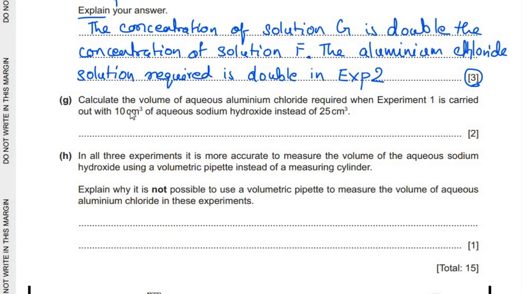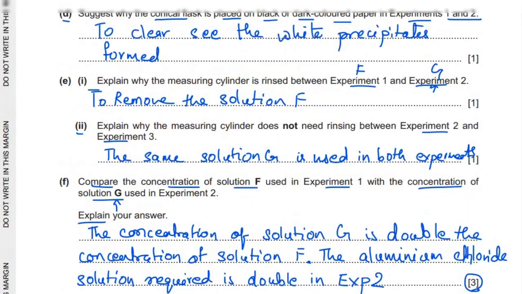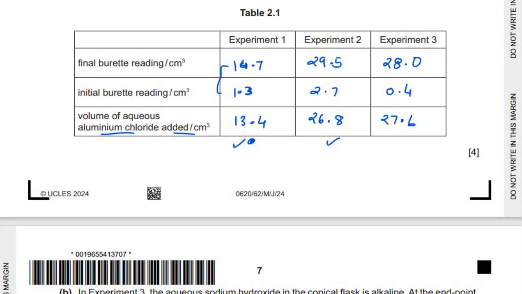Now the next question in G is: calculate the volume of aqueous aluminium chloride required when experiment 1 is carried out with 10 cm³ of aqueous sodium hydroxide instead of 25 cm³. So let's see what is the reading of experiment 1. It is 13.4.